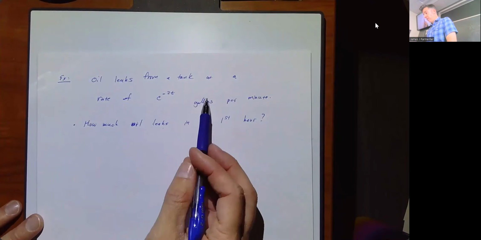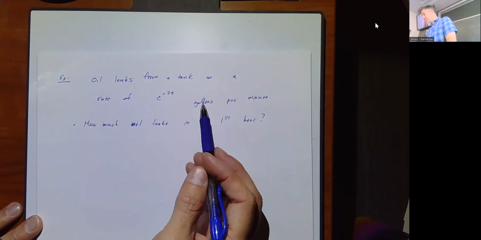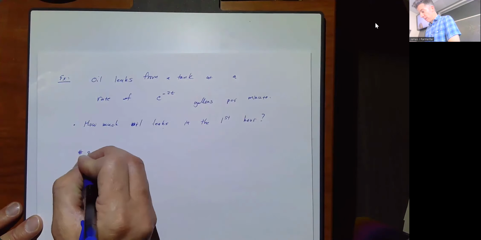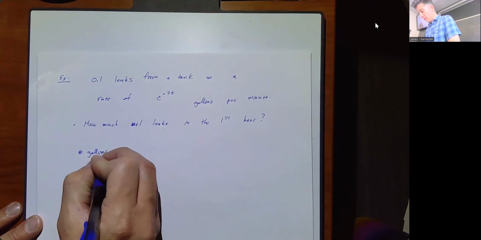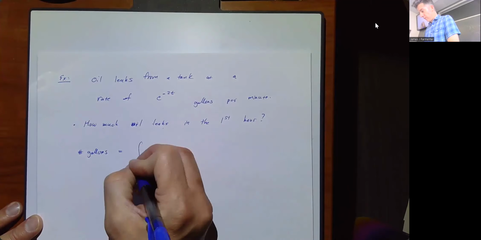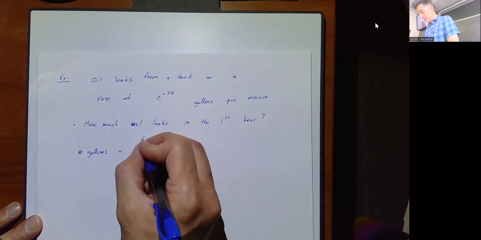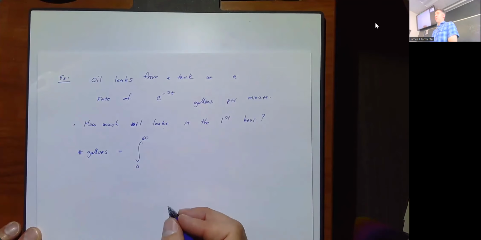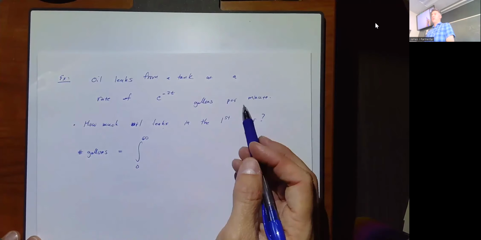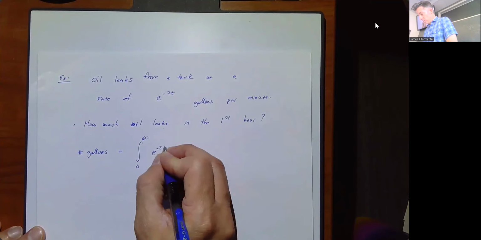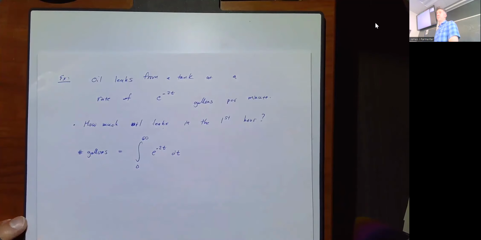If I know that oil leaks in gallons per minute, if I want to find the actual number of gallons that leak in the first hour, it's going to equal the integral from time equals 0 minutes to time equals 60 minutes, because we were given things in measurement of minutes, not measurements of hours. e to the negative 2t dt.